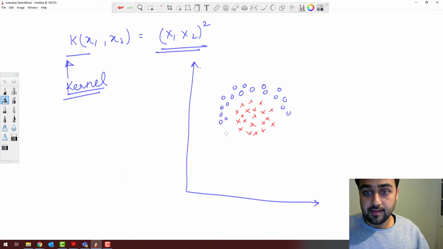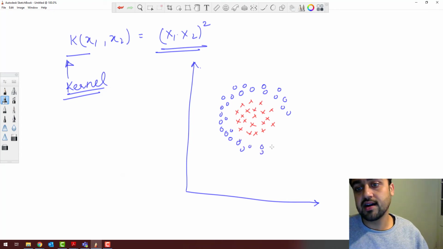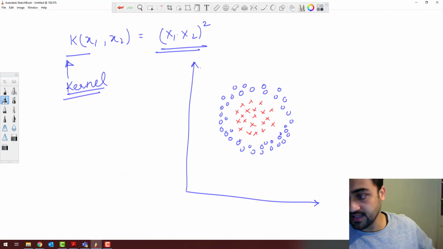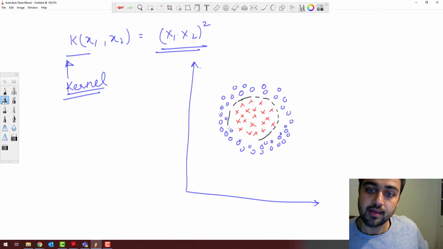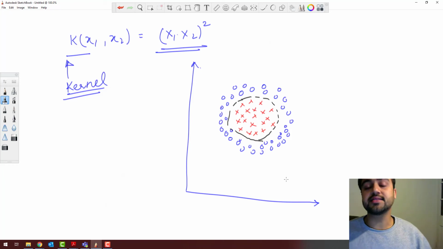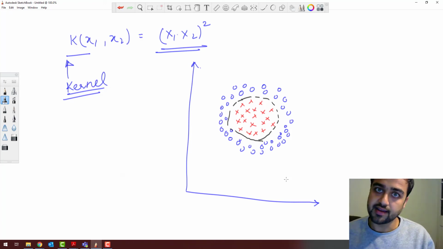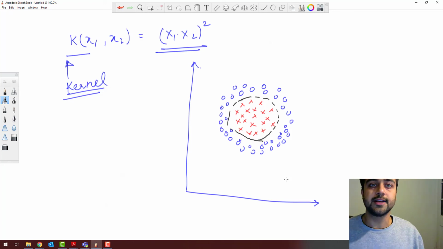As you can see, these two classes are not linearly separable, right? You can obviously build a decision boundary that separates these two data points, but building this decision boundary would be a little complex because it is non-linear, right? Instead, what we can do is project these points, as these points currently are in a two-dimensional space.